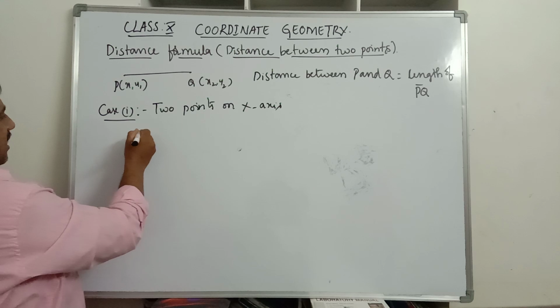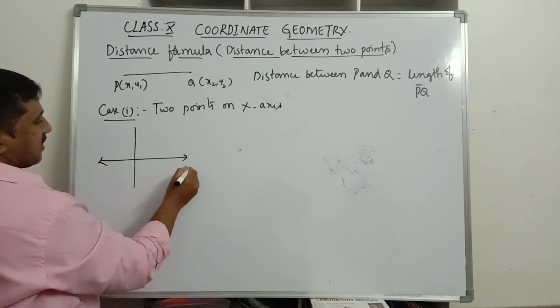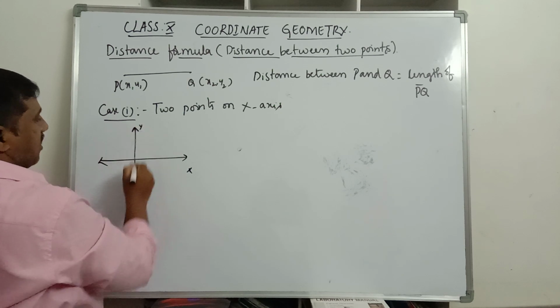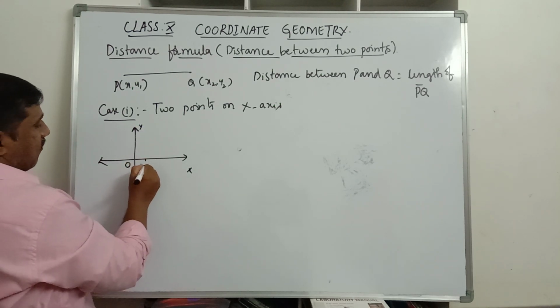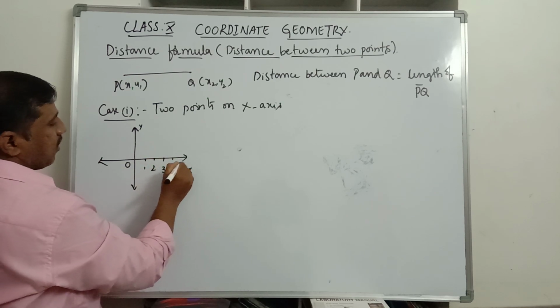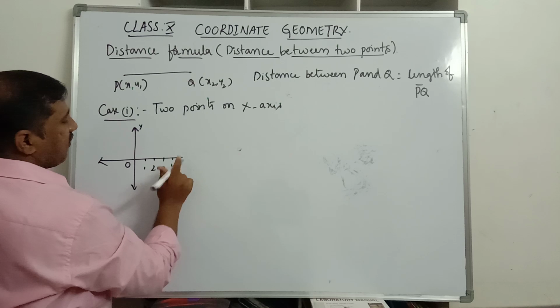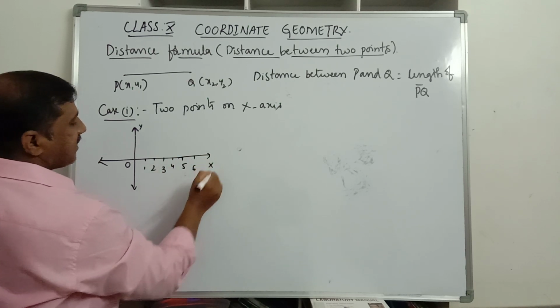See, let's take a coordinate axis. Let this be the x-axis and this be the y-axis. This is the origin, 0, 1, 2, 3, 4, and if you want you can extend it to 5 and 6. This is the x-axis.